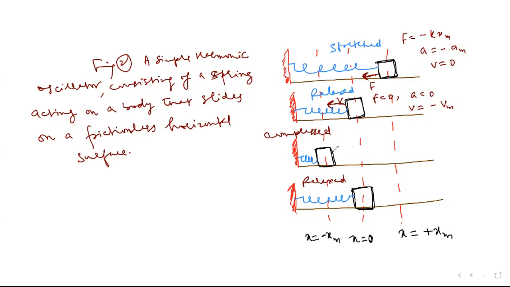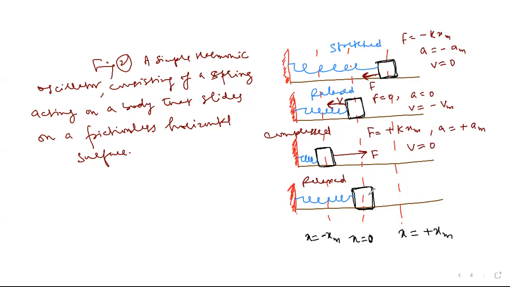Here this is F. Here F is plus k xm. A is plus am. V is 0.